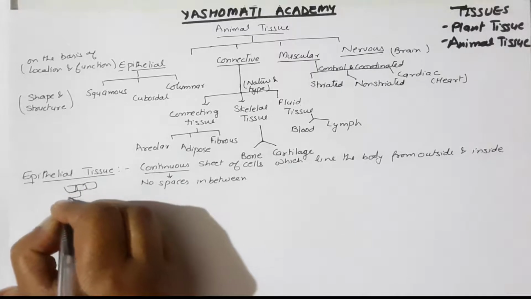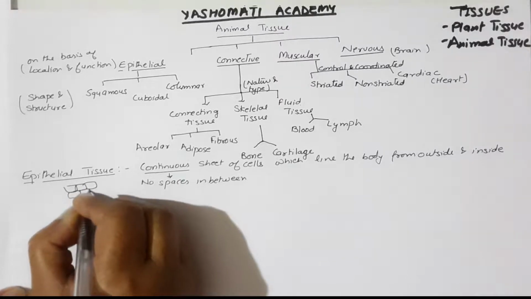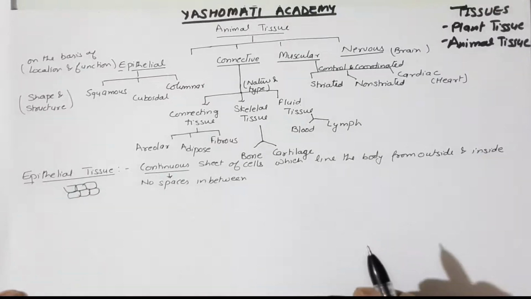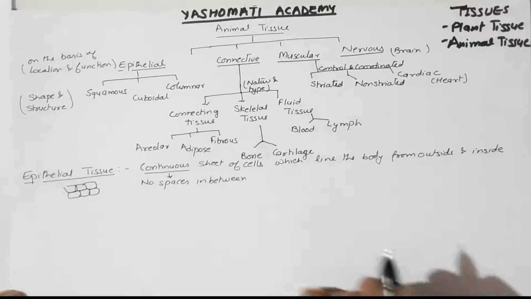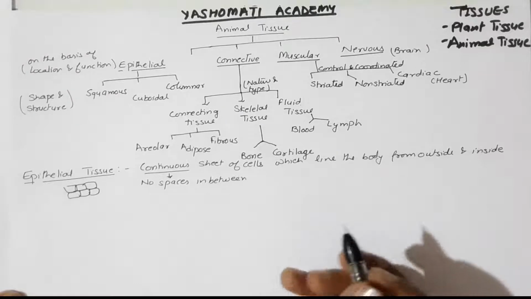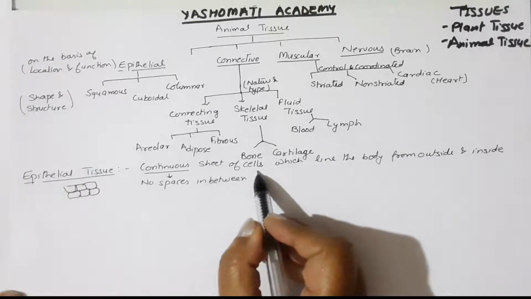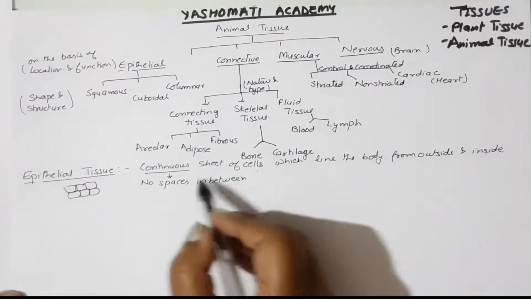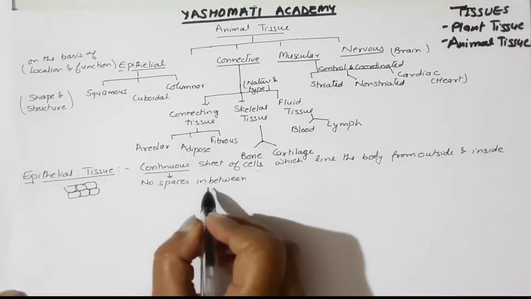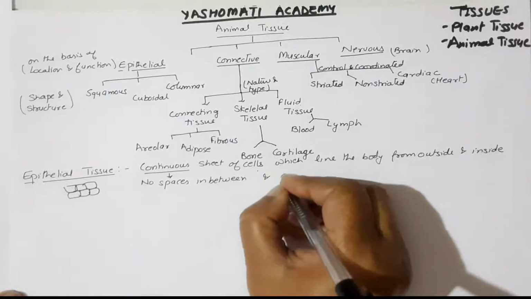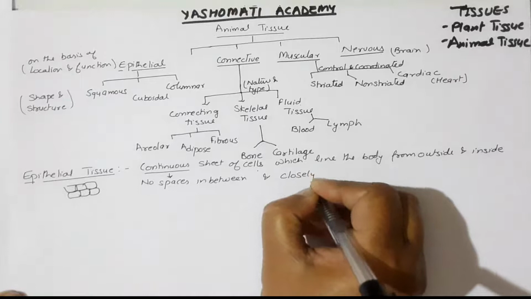They are packed very closely, so because of that there is no intercellular space present in them. That is the characteristic feature of epithelial tissue, that they form a continuous sheet of cells. They line the body from outside and inside. There are no spaces in between them and they are closely packed.